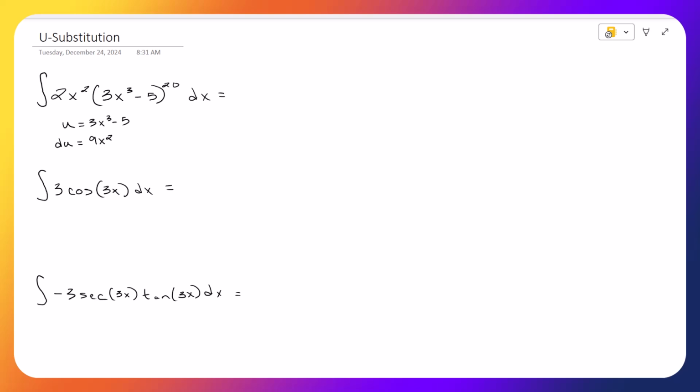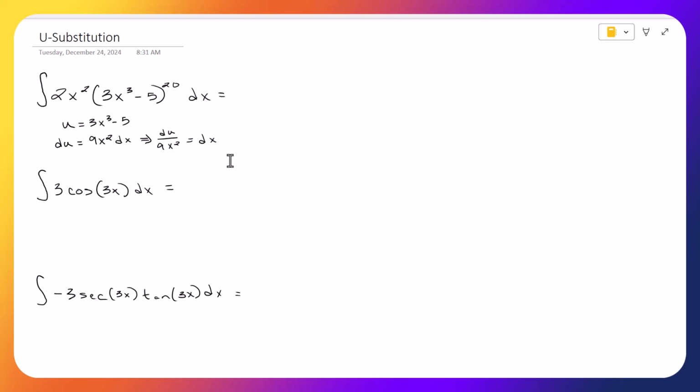Oh, and I missed something: dx. I want to write the dx this time because writing this dx allows me to substitute in to here, but I'm just going to do one final step. We're not going to do this all the time, but in this case, to me, it makes sense. So du over 9x squared equals dx. I'm just solving for dx.